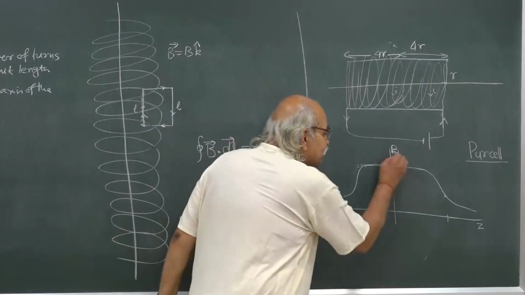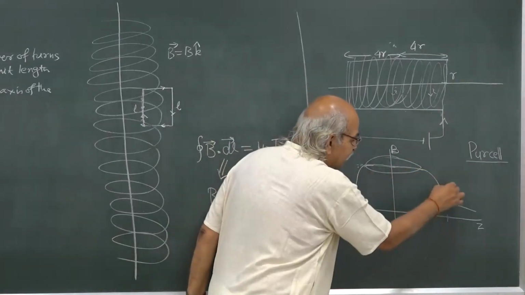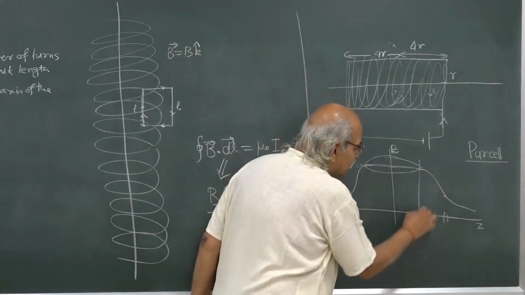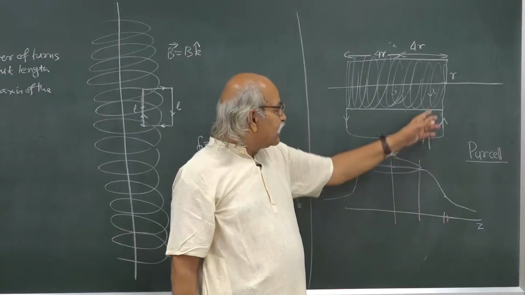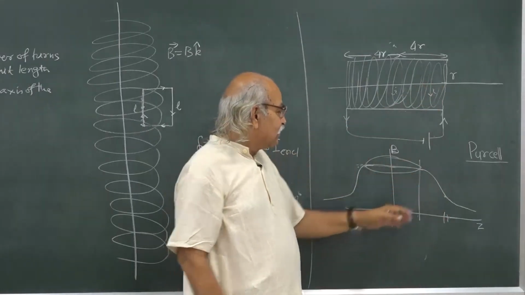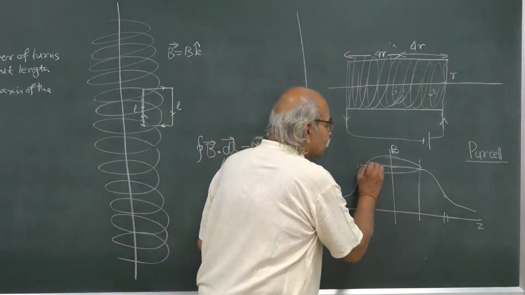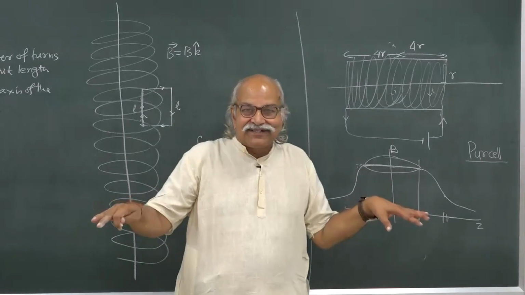But you can see that in the middle region, and this is the end, and if you go a little bit inside, not even one radius, half a radius or 3/4 of a radius, then you see that visibly it appears as if it is constant.